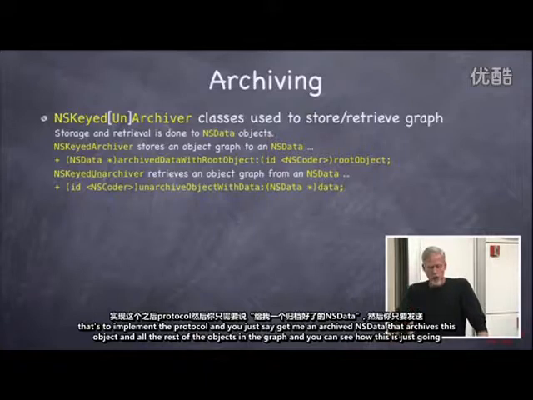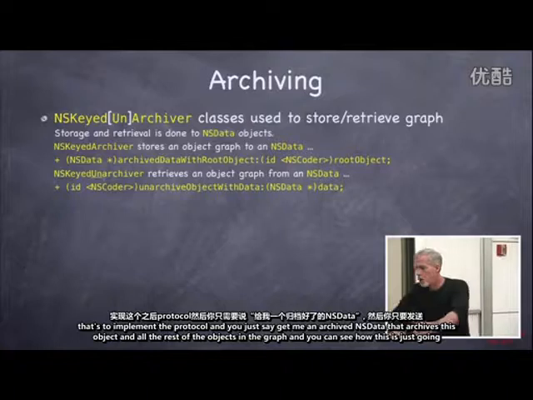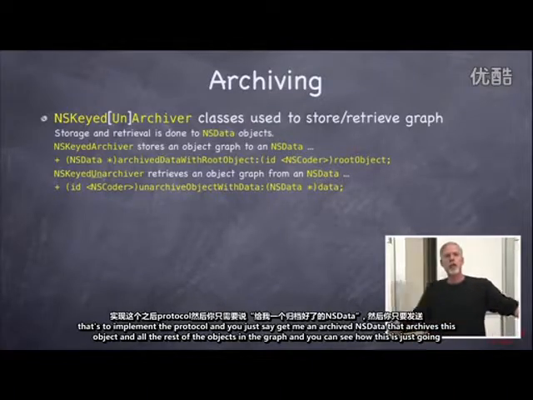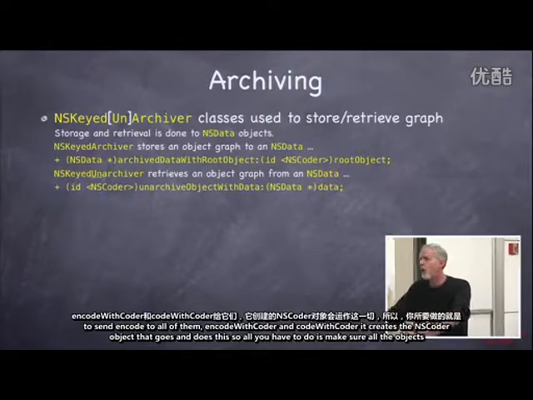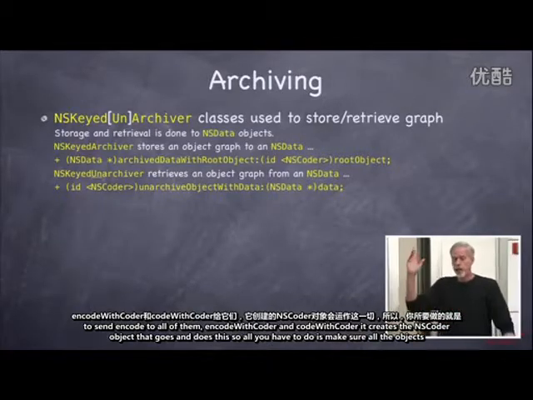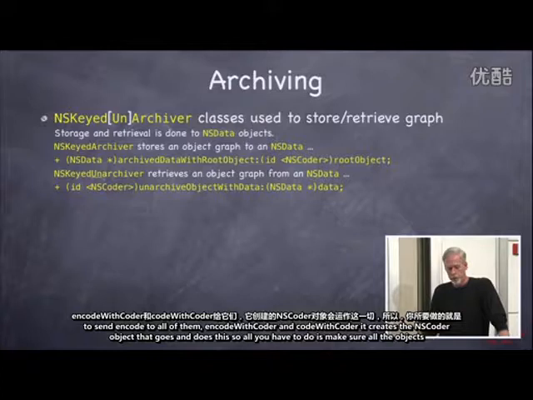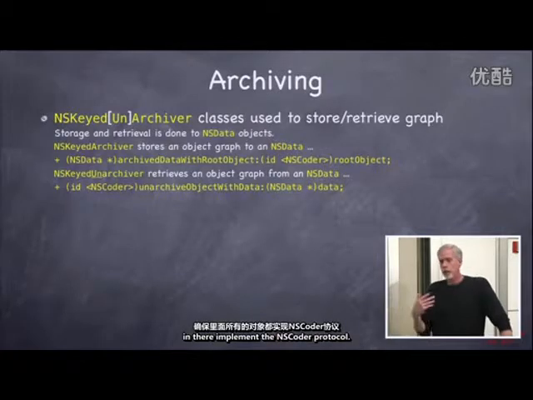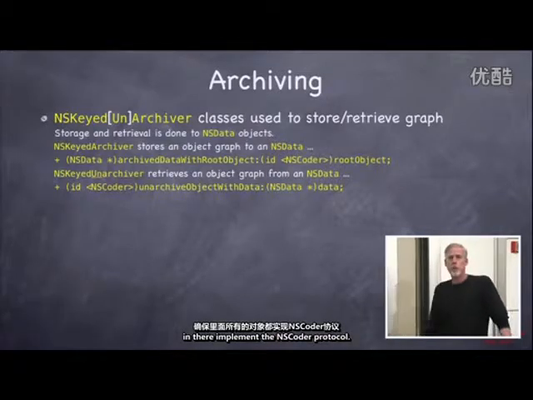And you just say, get me an archived NSData that archives this object and all the rest of the objects in the graph. And you can see how this is just going to send encode with coder, encode with coder to all of them. It creates the NSCoder object that goes and does this. So all you have to do is make sure all the objects in there implement the NSCoding protocol.